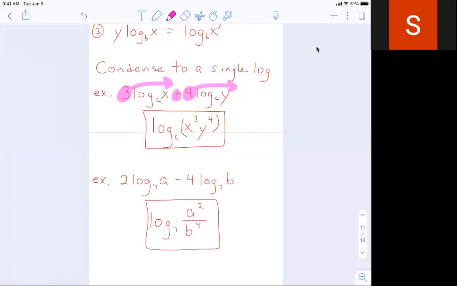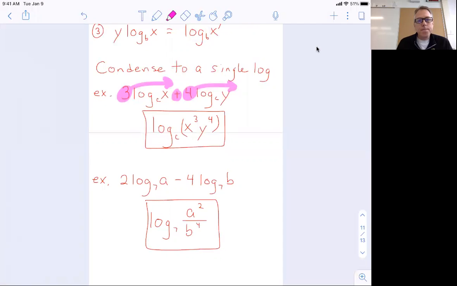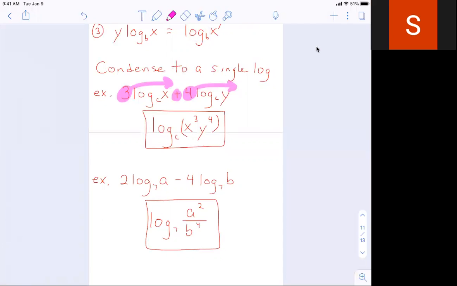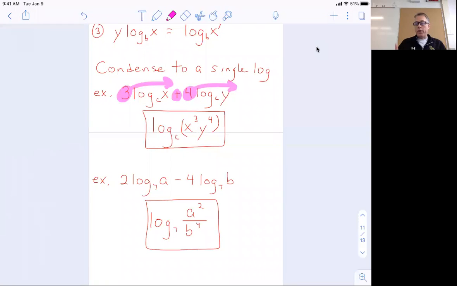Mr. O'Connor, I have a question. Yes. So you know how you put A over B? Would we get it wrong if we put the B first? I'm sorry, I didn't hear that, Sadiqa. Say it again, please. Would we get it wrong if we put B over A? Yes, you would. That's a really good question. The reason it's A over B is because it's this part minus this part.